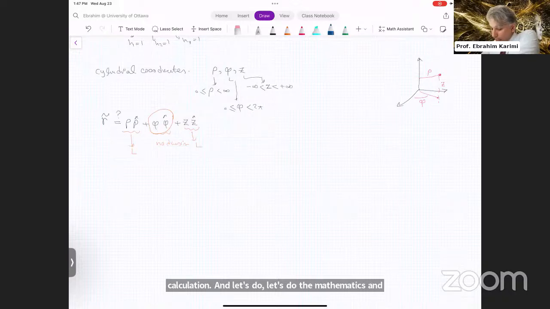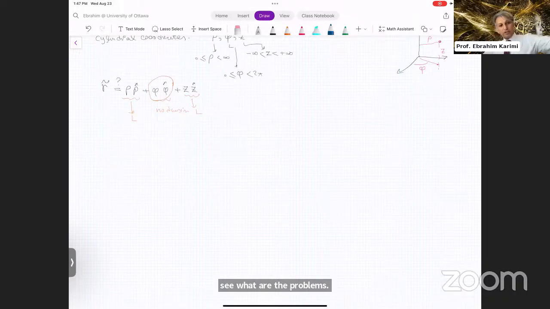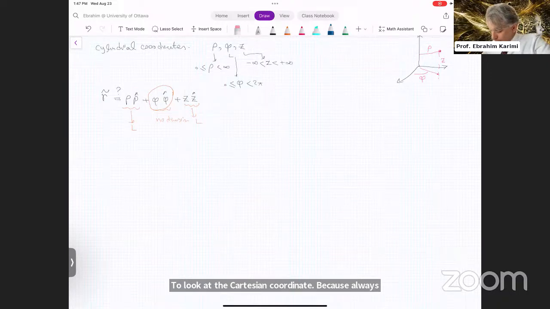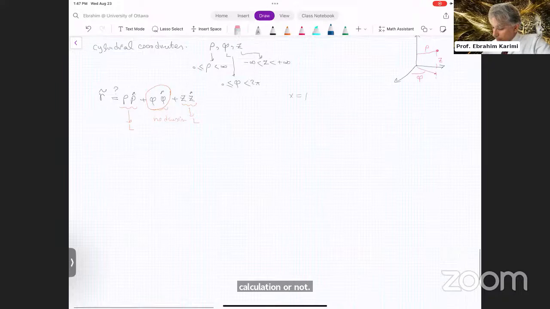I always encourage you to look at the Cartesian coordinate, because it always helps you understand whether you are doing a wrong calculation or not. So x is given by rho cosine of phi. Do you remember?